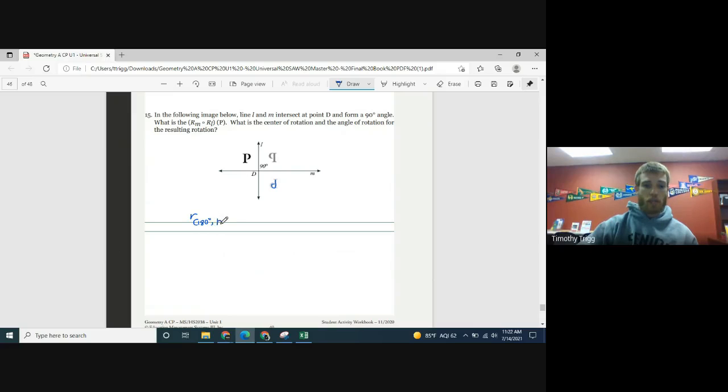So in this case, point D. So we're rotating 180 degrees around point D. We're rotating that P. So if we reflect and reflect, that's the same as a rotation. Whatever the angle of the intersection is, the angle of rotation needs to be double that.